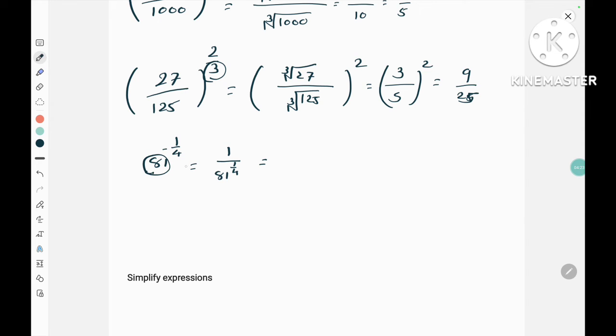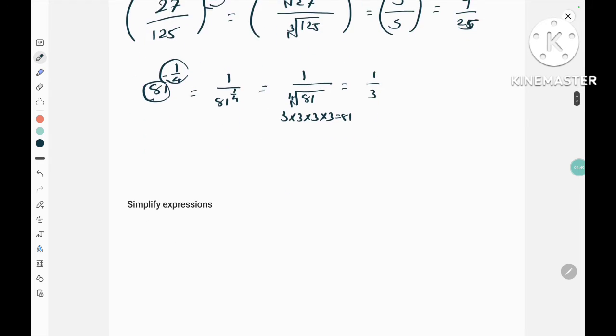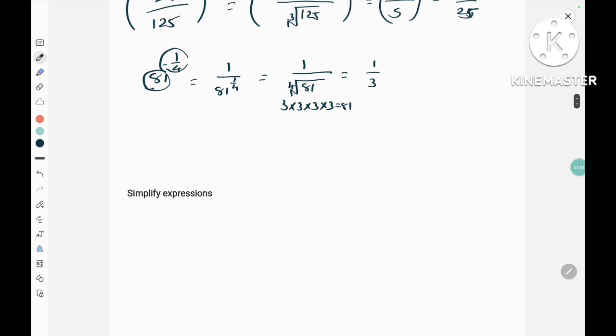We move this base to the denominator, so the power automatically becomes positive. Once we get it positive, we can write root 4 of 81, and root 4 of 81 is 3, because 3 times 3 times 3 times 3 equals 81. This is the reason. So 1/3 is our final answer.